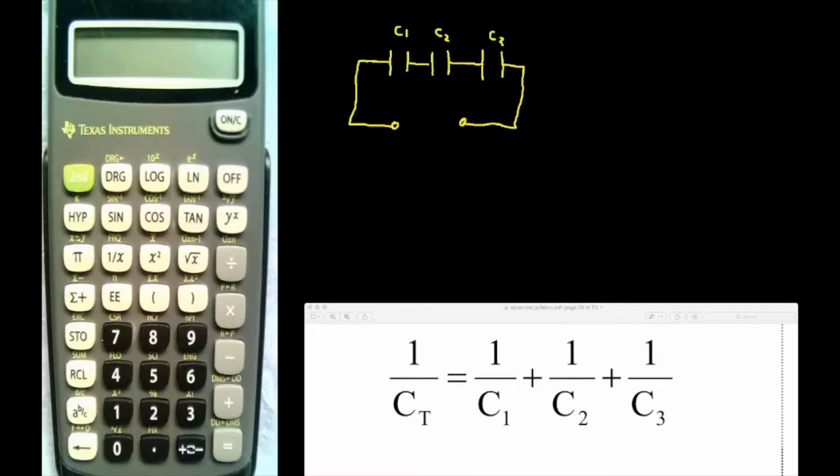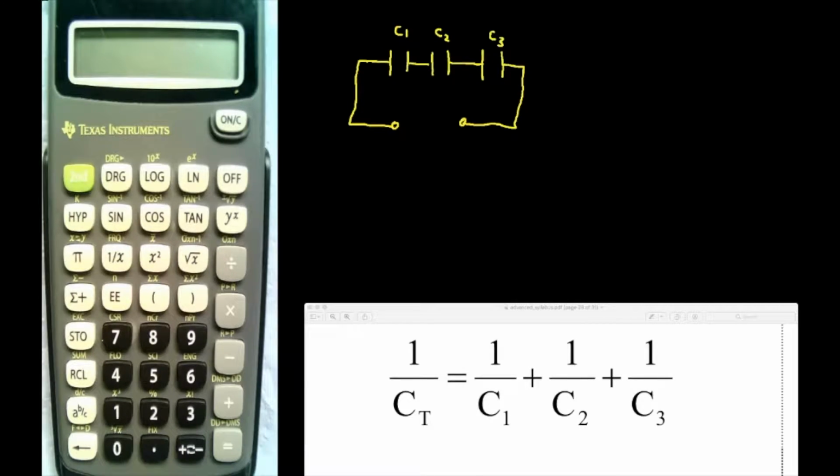If we had, for example, C1, C2, and C3 in series, and we put some values on here.